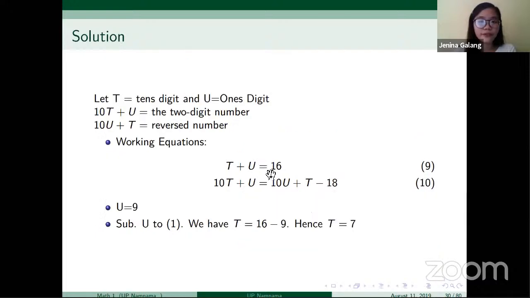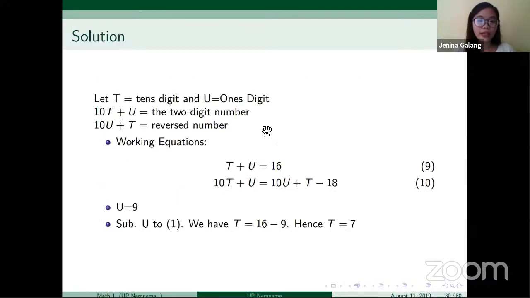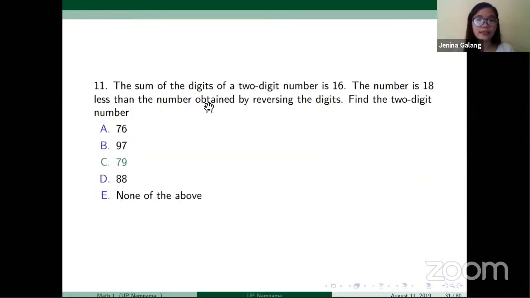We have t equals 16 minus 9. So, transpose na natin yung u to the right side. So, we have t equals 7. So, yung tens digit natin is 7 and yung ones digit natin is 9. So, the answer is 79.